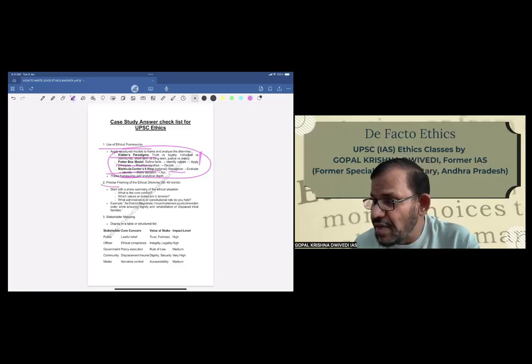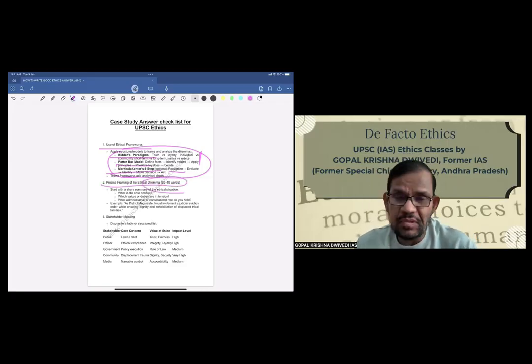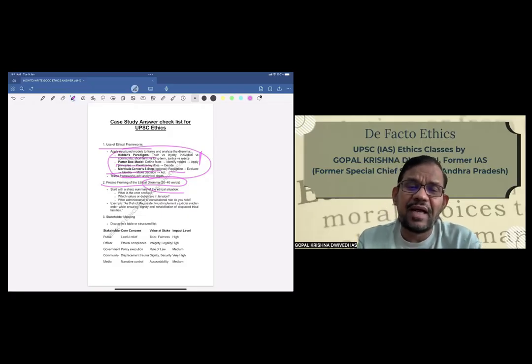Then framing of the ethical dilemma, in 30 to 40 words. This is when an open question is asked. We have seen today's case study, which we will see also subsequently, because it's clearly asked what the ethical dilemmas involved in this case study are. So there you have to reply accordingly.